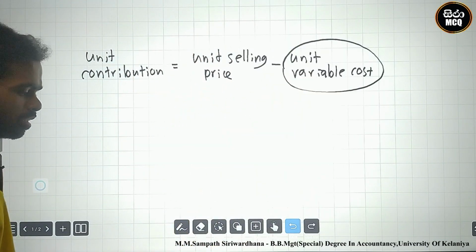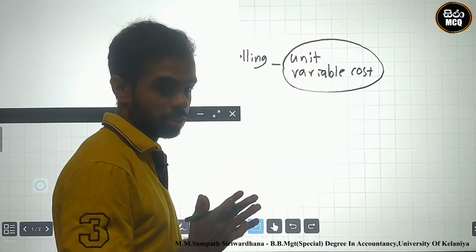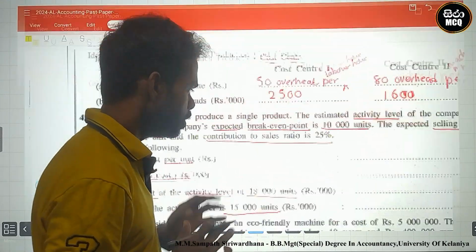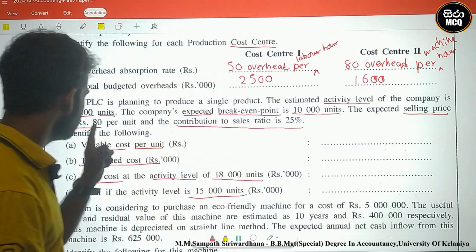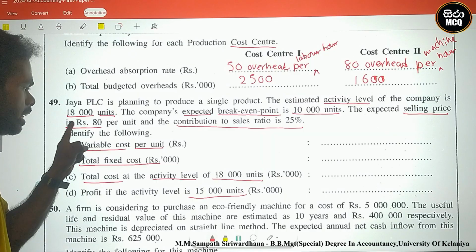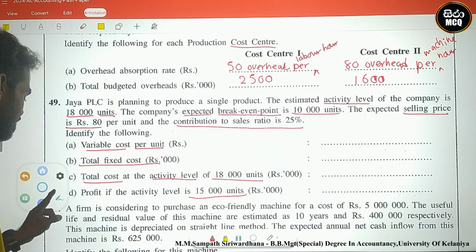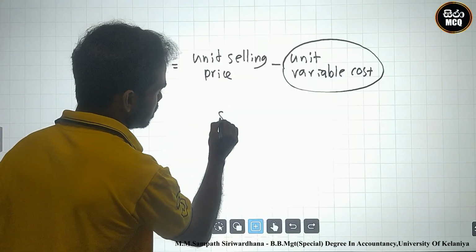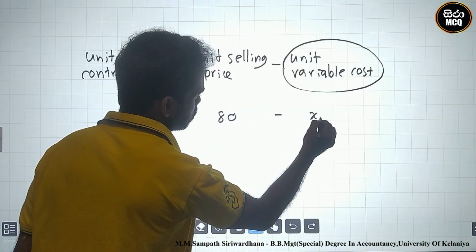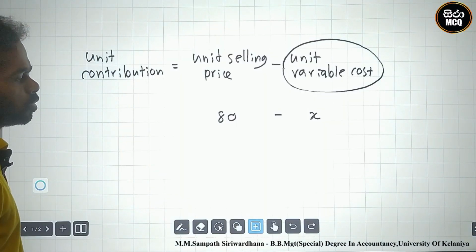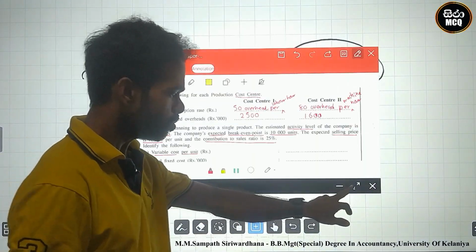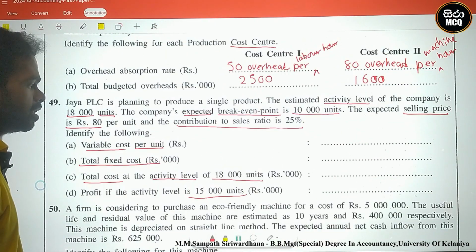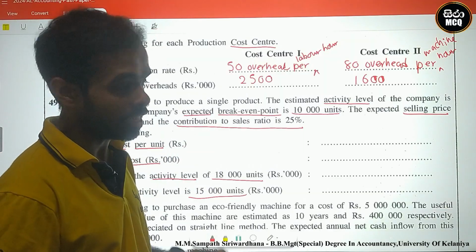From the information, the expected selling price is 80 per unit. The selling price is there, but the variable cost is not. Unit contribution they didn't give directly, but they supplied us the contribution to sales ratio, 25%.